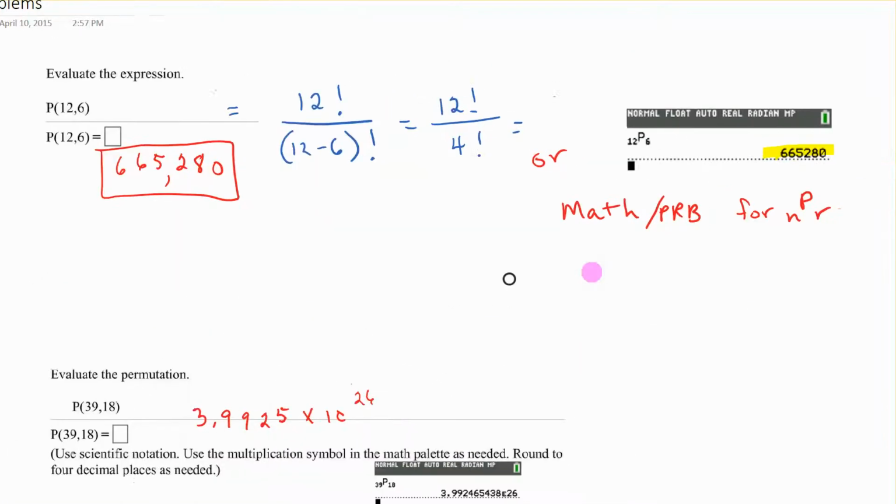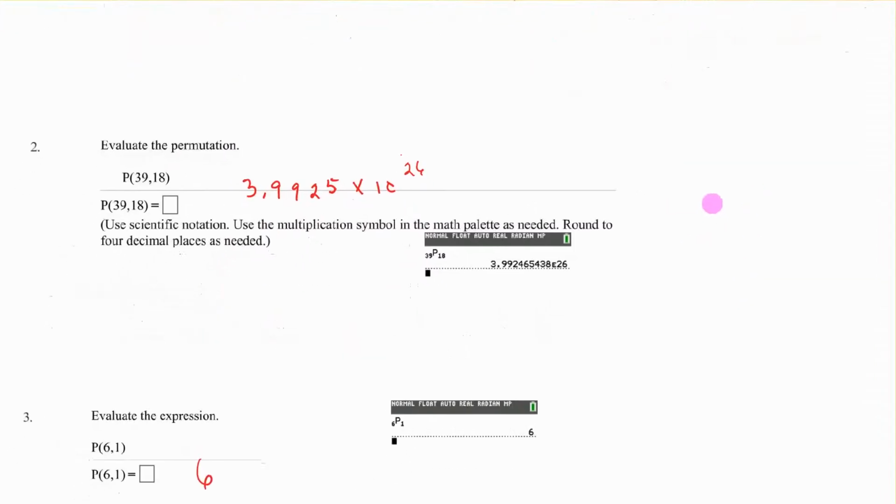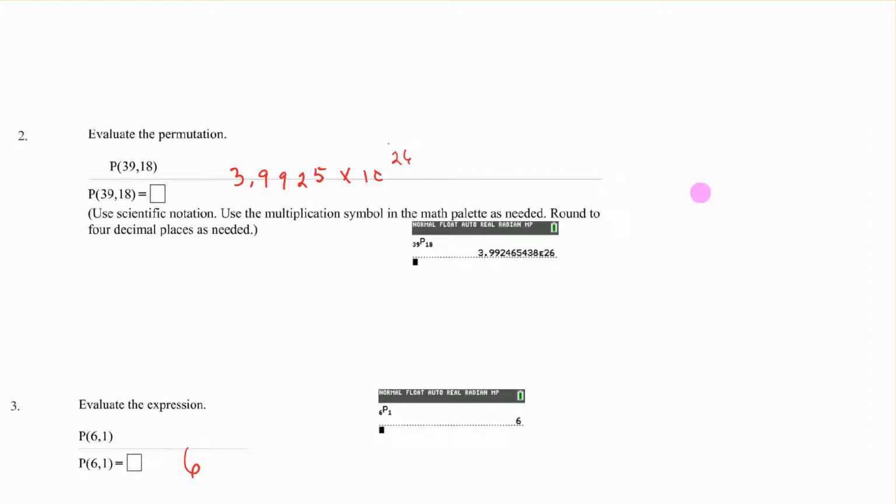All right, so on number 1, it just says evaluate the expression permutation 12 things taken 6 at a time. You could do it this way and use factorials, or you can go to math probability for nPr and put in your numbers and you will get your answer. It's really quite simple. All right, number 2 is a little bit different because you end up with some scientific notation, and I wanted you to see how you'll need to write it.